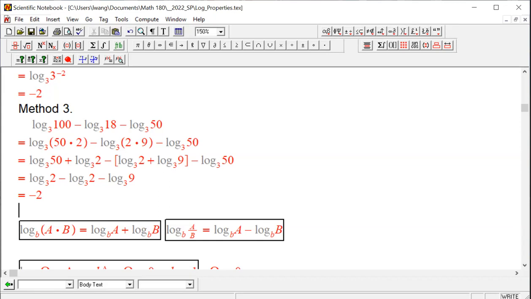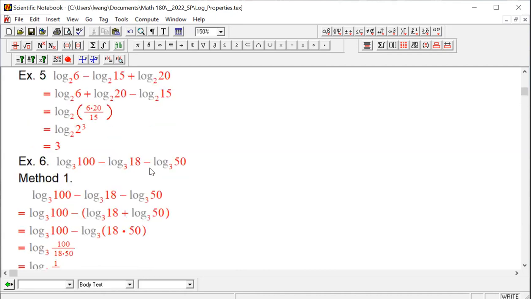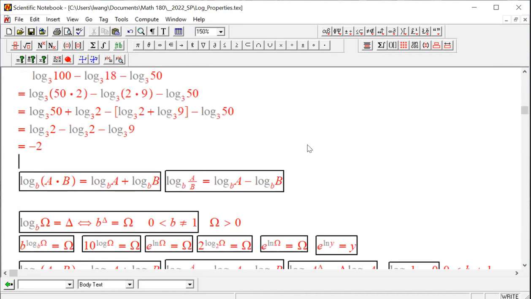I'm going to give you a couple more interesting, maybe a little more challenging questions. Okay, so that was our example number 6. Let's look at example number 7.